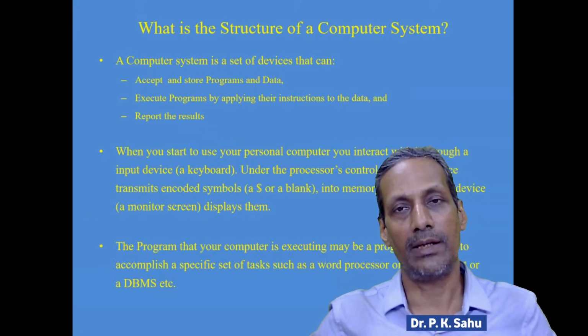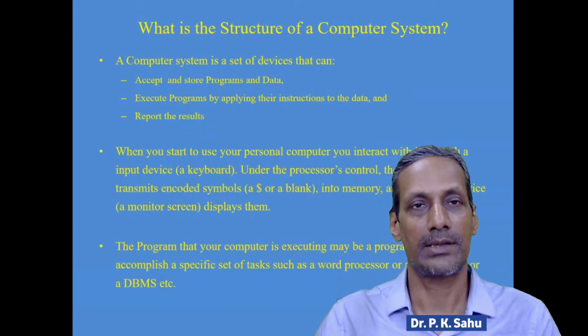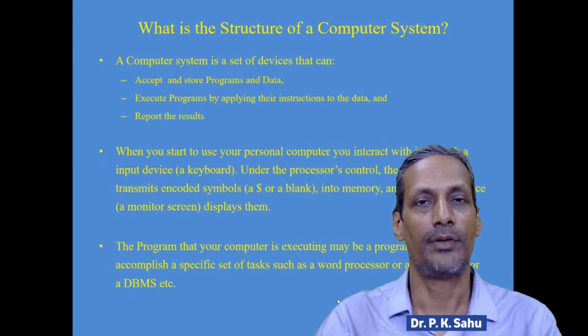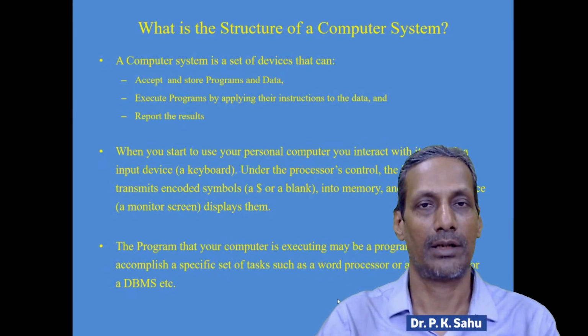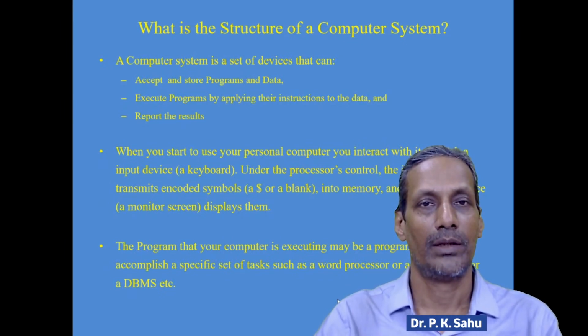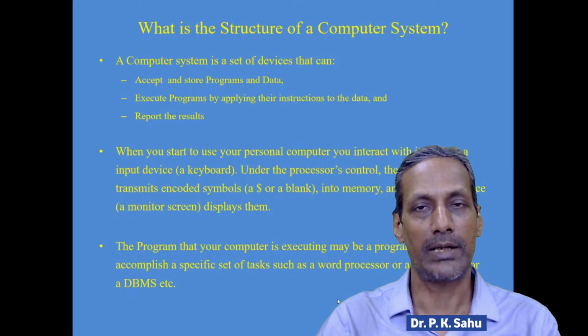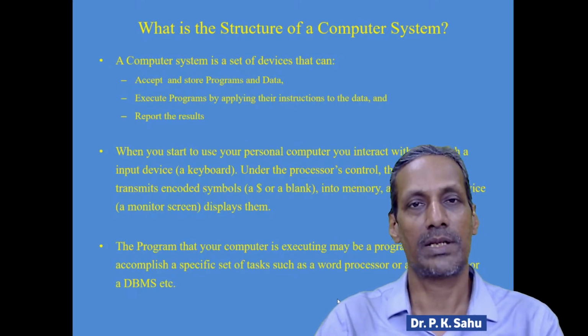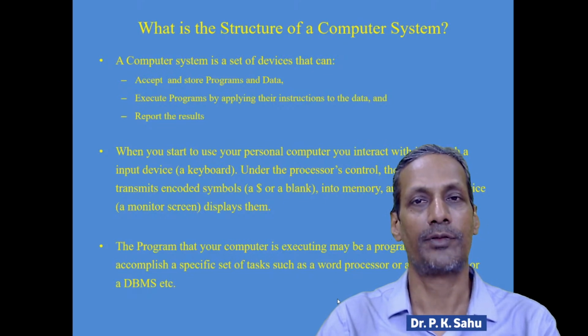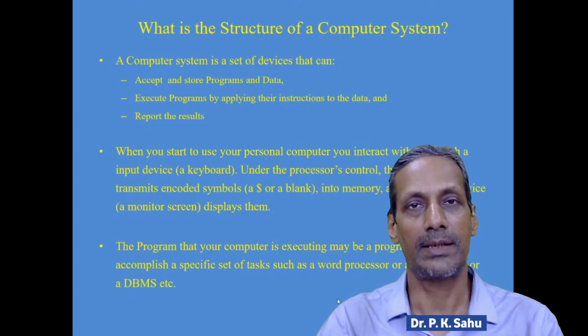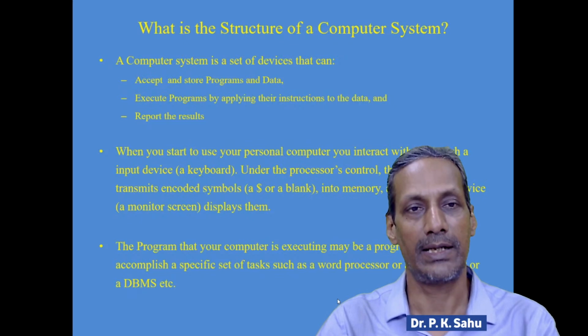So, having discussed all this, let us now come to the core topic of IT hardware components. If I have to look at a computer system, I have to look at the structure of a computer system. A computer system is nothing but a set of devices that can accept and store programs and data.